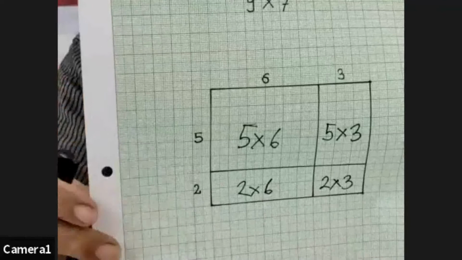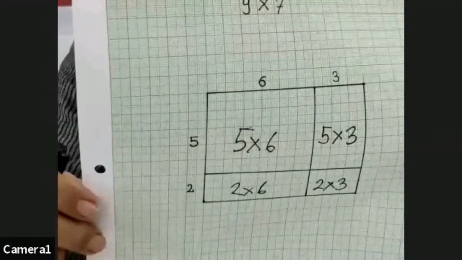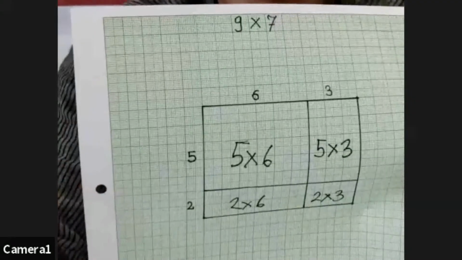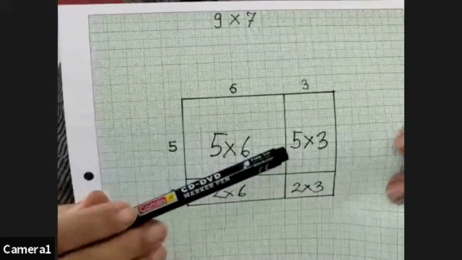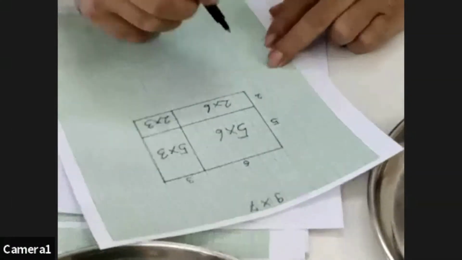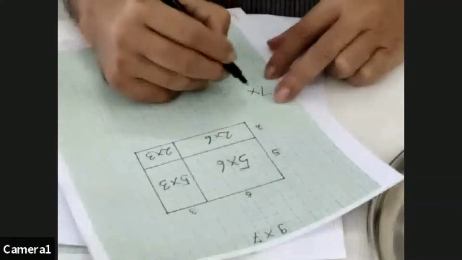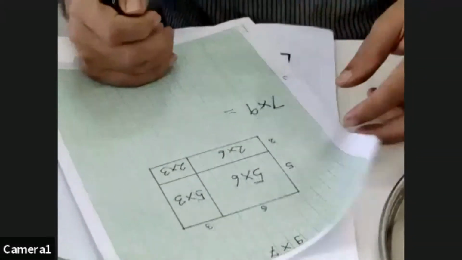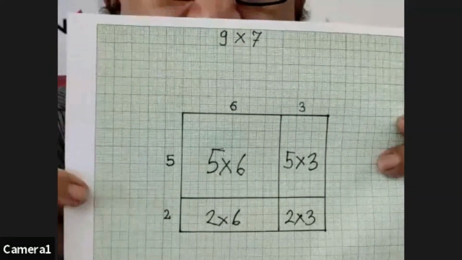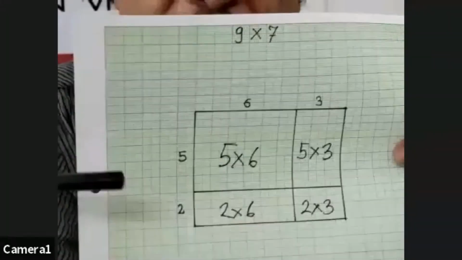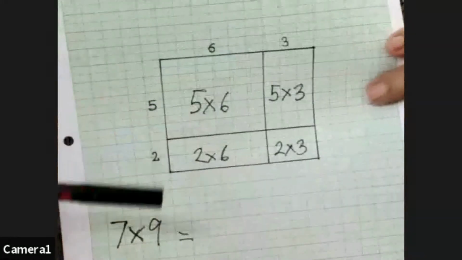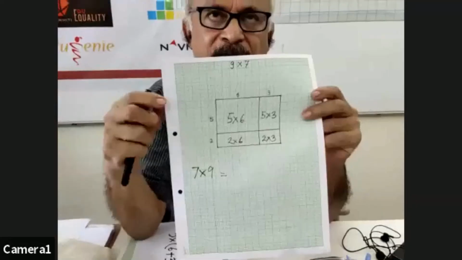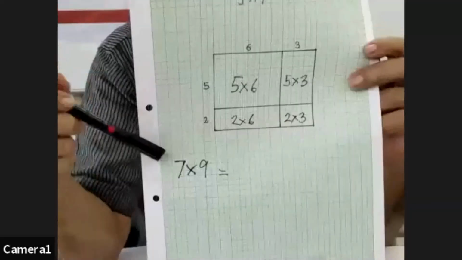So I'm going to write the first part of the equation and the equal sign, and you have to write the remaining parts. The first part is, the big rectangle is 7 into 9, which is equal to... You have to write the other 4 parts of this equation.